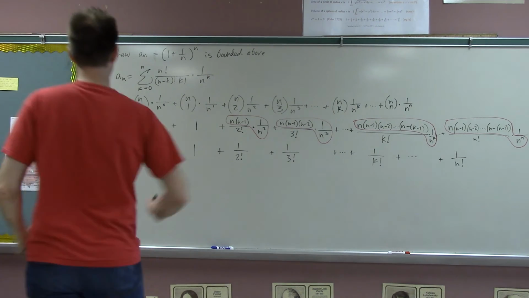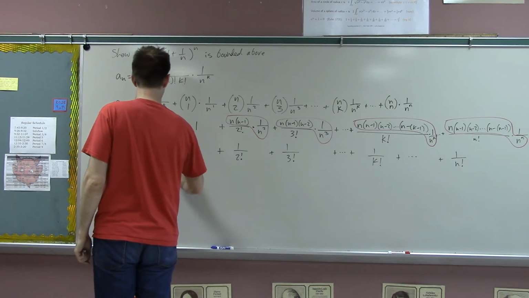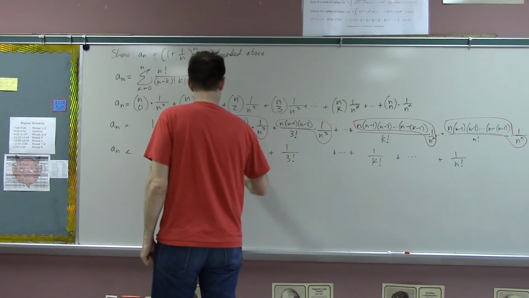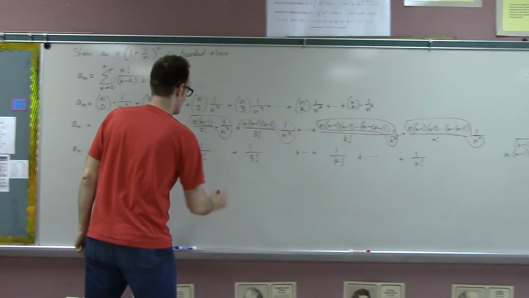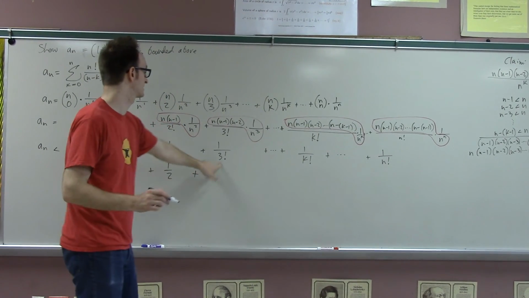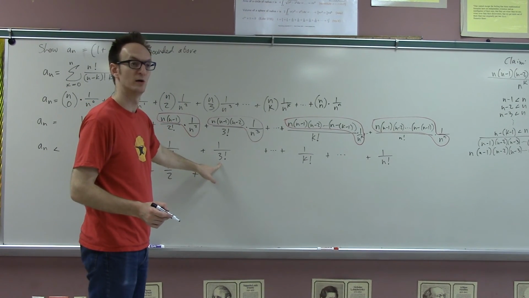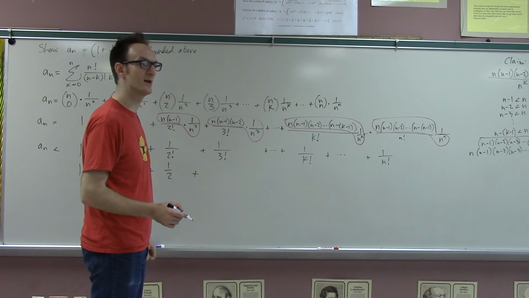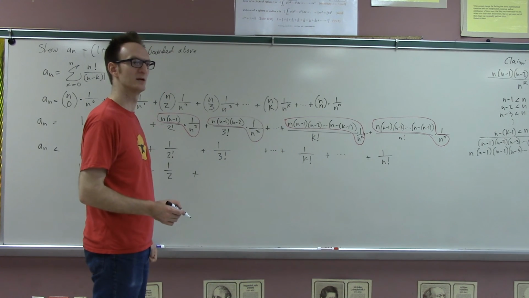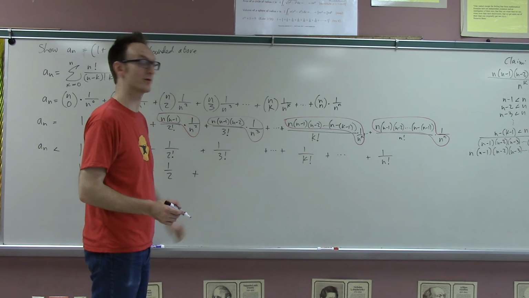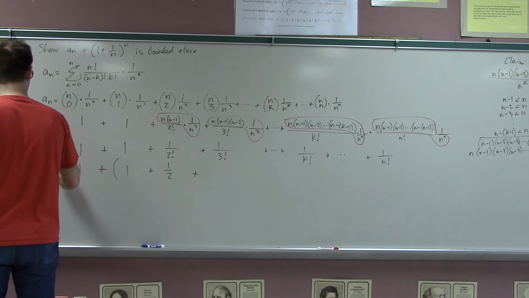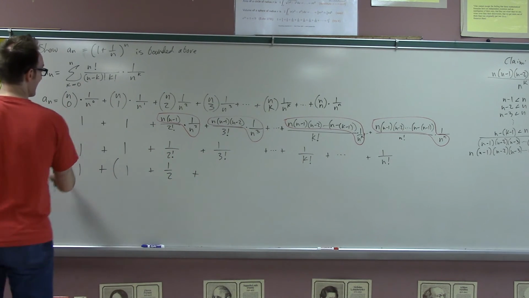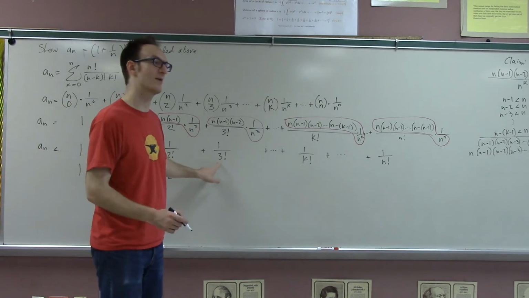So what I'm going to do is write this as 1 plus, this just is a half, and what I want to do is make this a fourth. No, that's not a fourth, but it's less than a fourth. So this is in turn less than. Oh yeah, I want to replace it with a fourth.